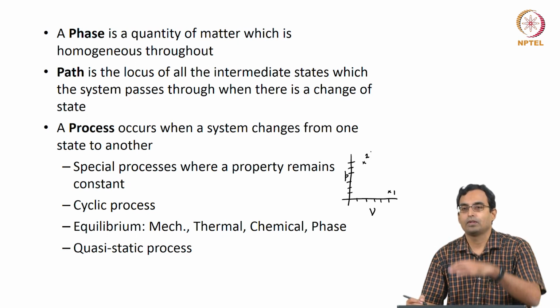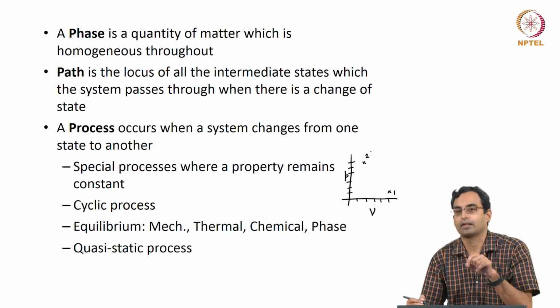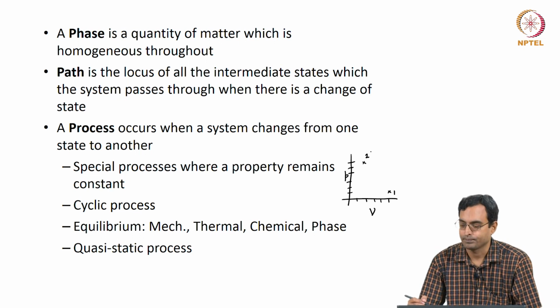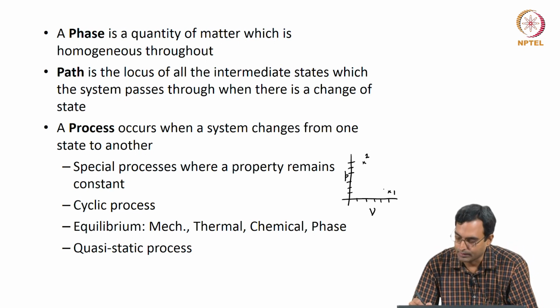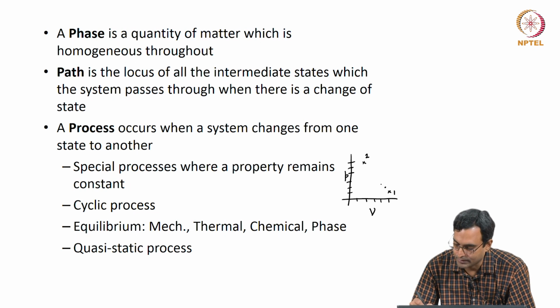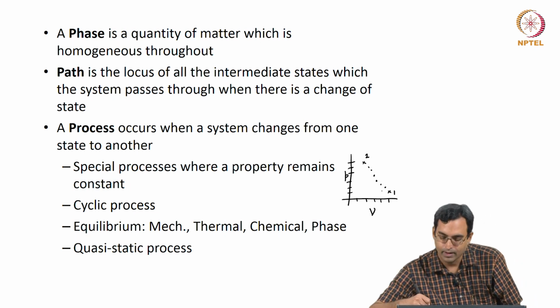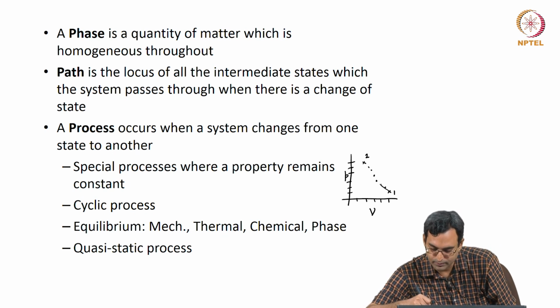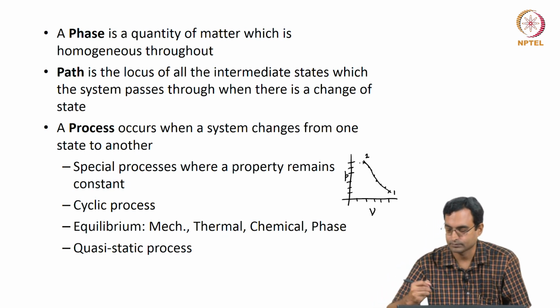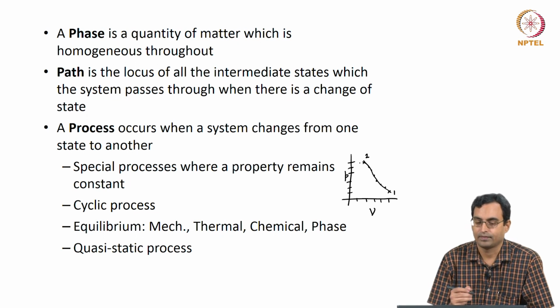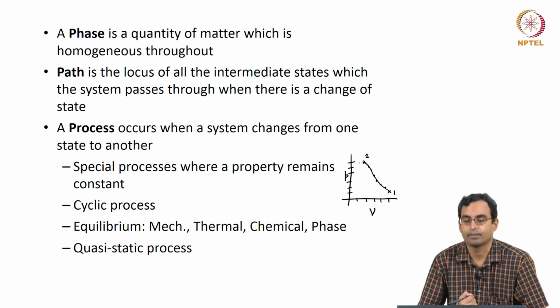But if I do this process really slowly, I can also measure at any time in between how this is varying. So, I can measure after some time, maybe it is here, after some other time it is here, here, here and so on. And then I can connect all of these. If I connect all of it, that is what is essentially called a path.